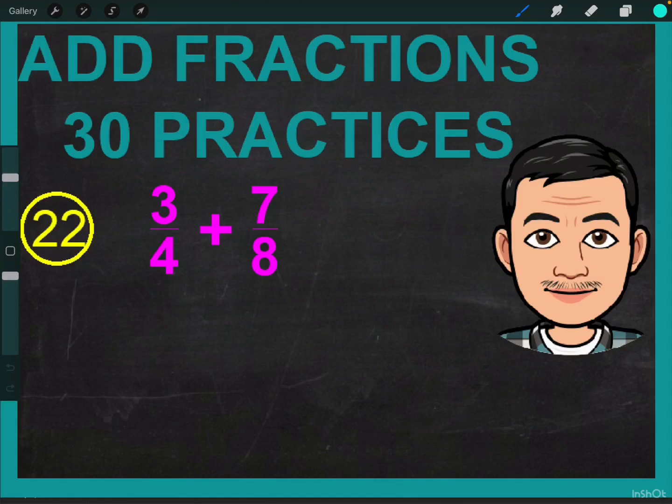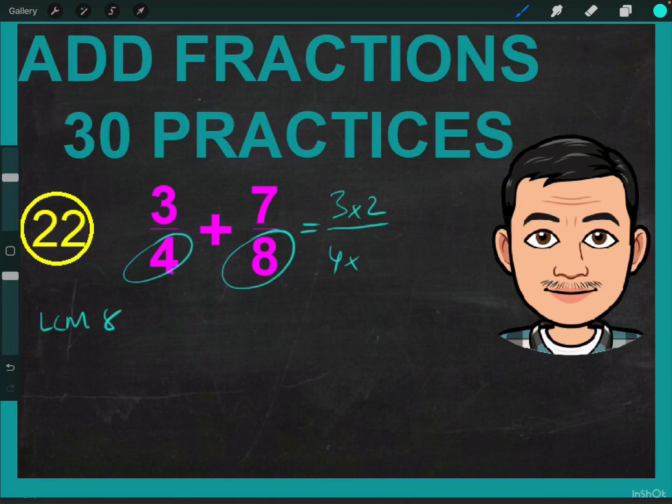Bracket number 22. We have two fractions with different denominators, 4 and 8, and we notice that 8 is double 4, so the LCM is 8. We will convert the first fraction by multiplying 2 to both the numerator and the denominator, and the second fraction we keep the same, so we got 6 over 8 plus 7 over 8.